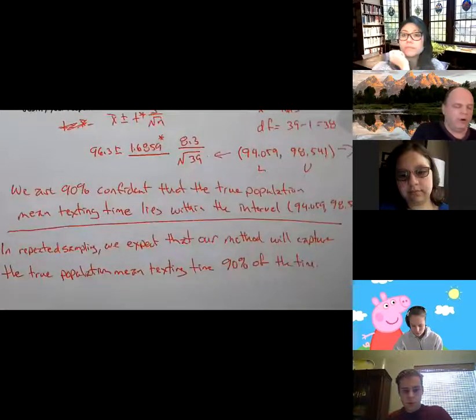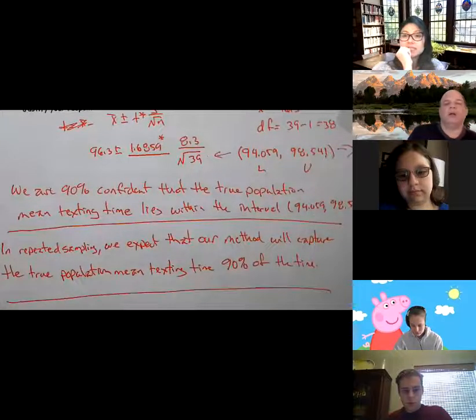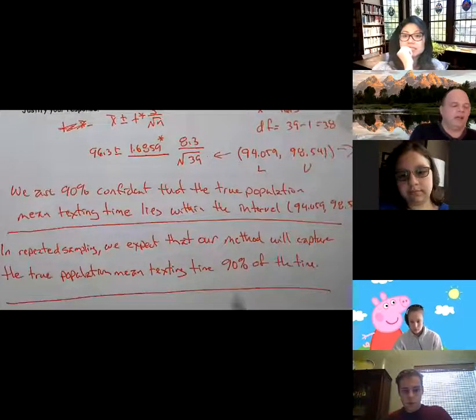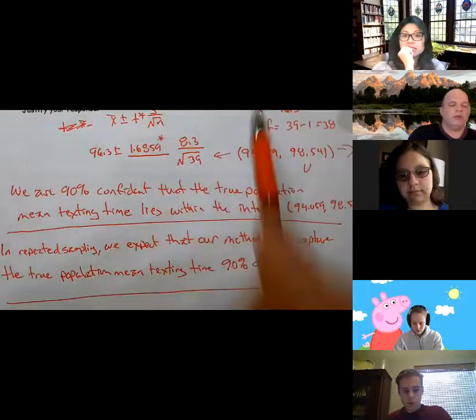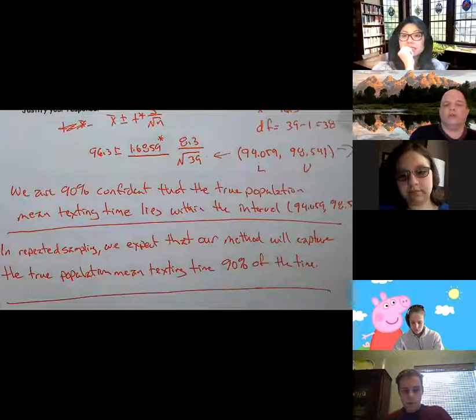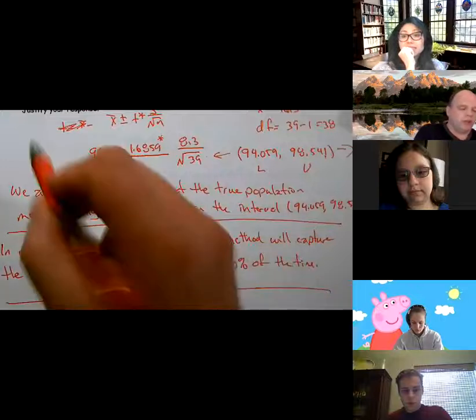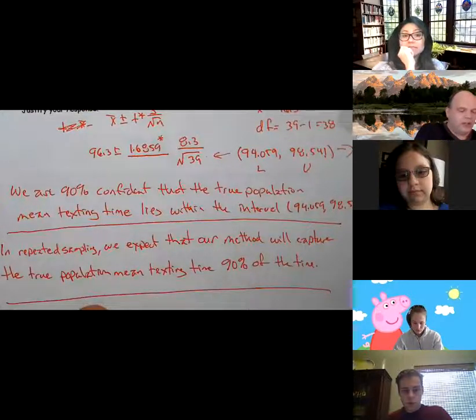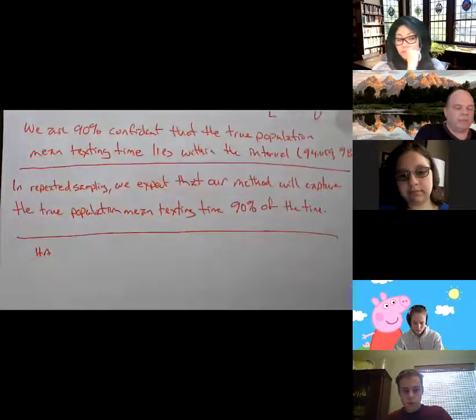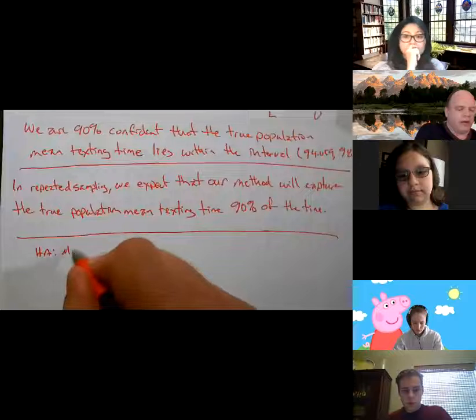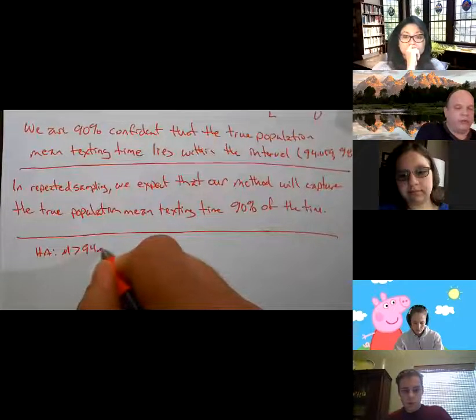All right, the next thing: does this interval support Jenna's claim? Well, what was Jenna's claim? Jenna's claim was that the Ha, the mu, was actually greater than 94 minutes. That was her claim.